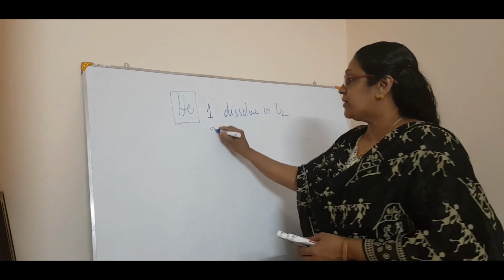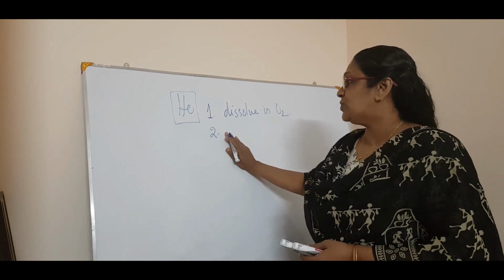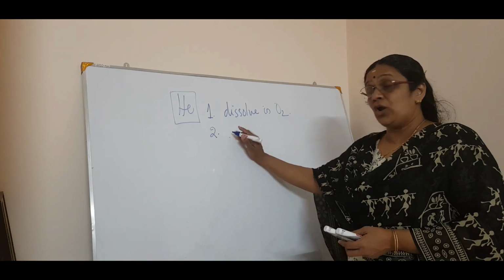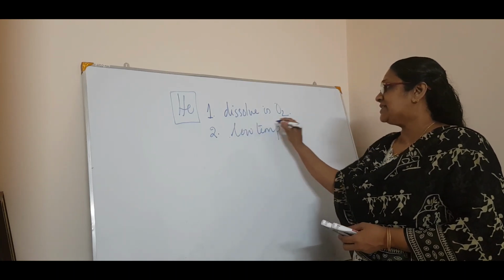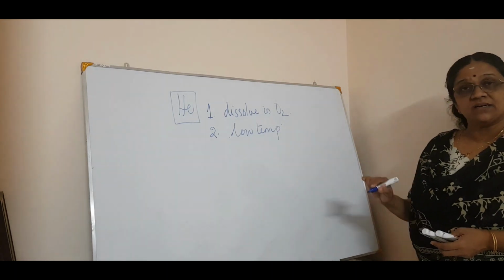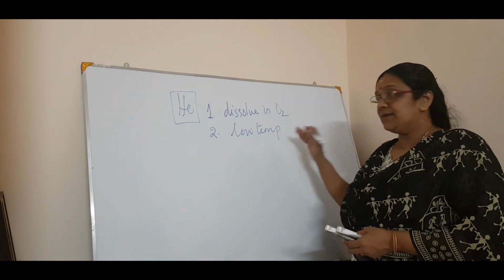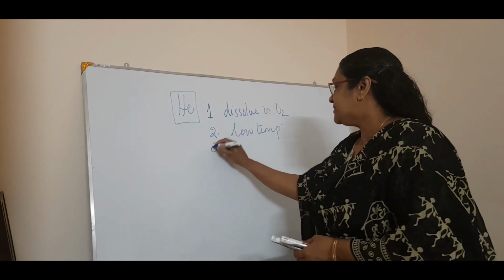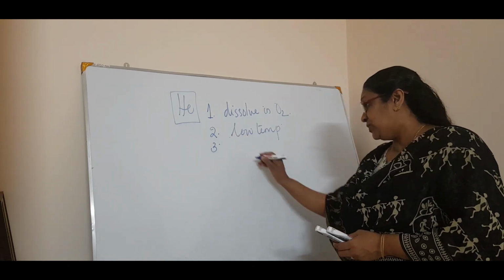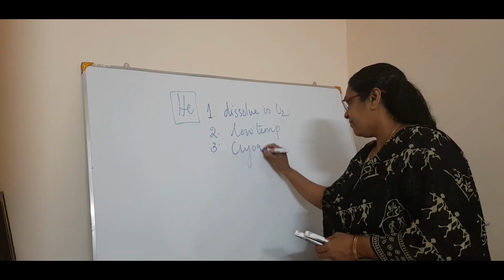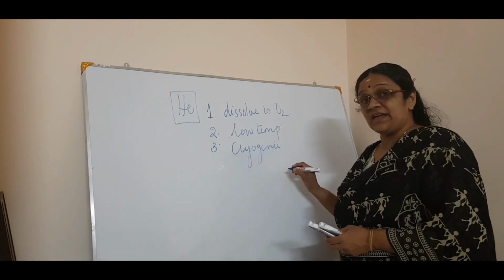Now second is what? Second is helium is used for low temperatures. Wherever low temperatures are needed, it is used. Okay. Now the third is helium is again used as a cryogenic agent. Cryogenic means very low temperature.